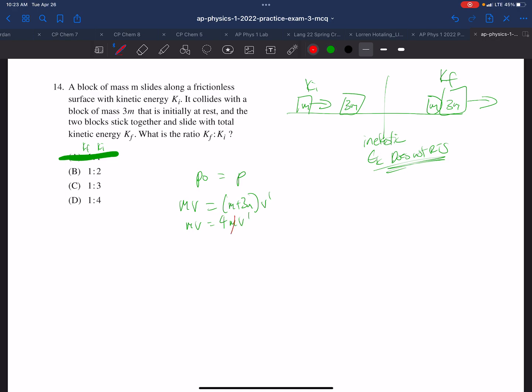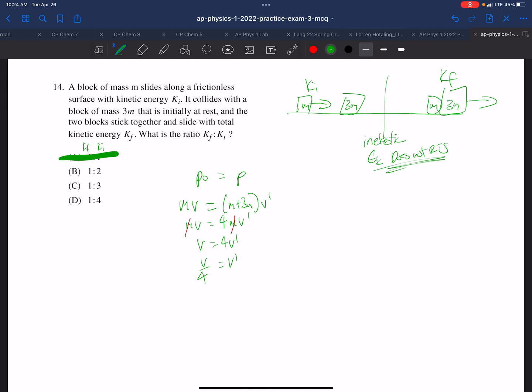Now the m's cancel out, and we're left with v equals 4v prime, or v prime equals v over 4. So v prime is v over 4.